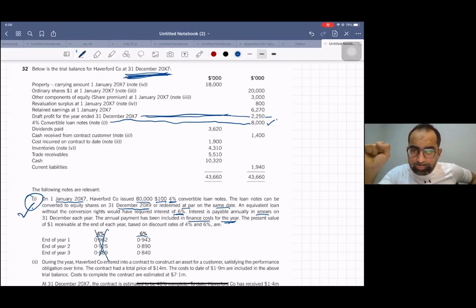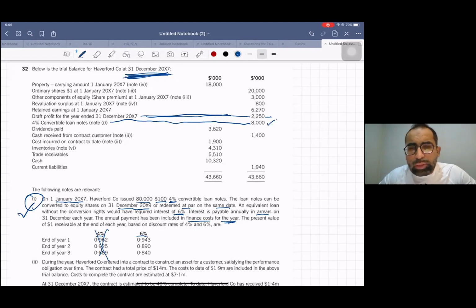Okay, so now, very simple. Look here: they have issued the loan note in the same accounting period for which we are solving this question.